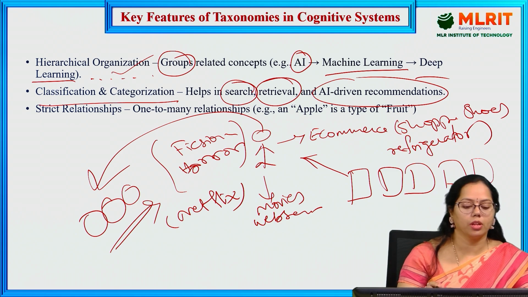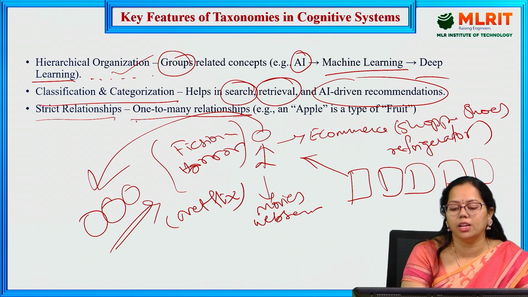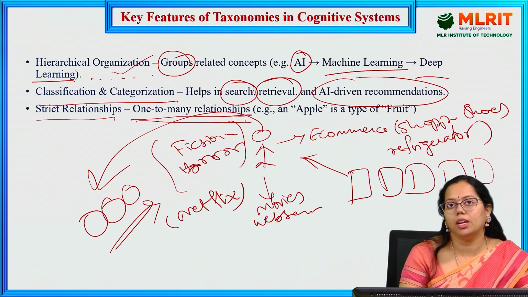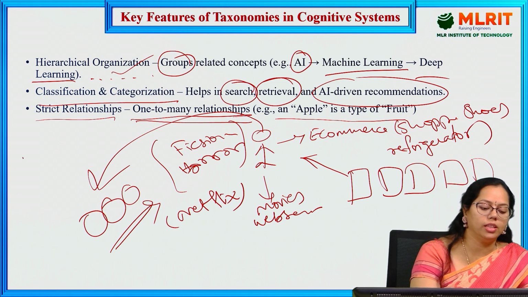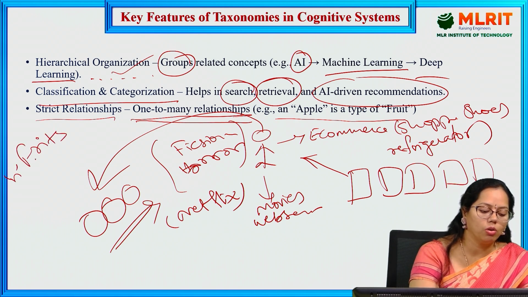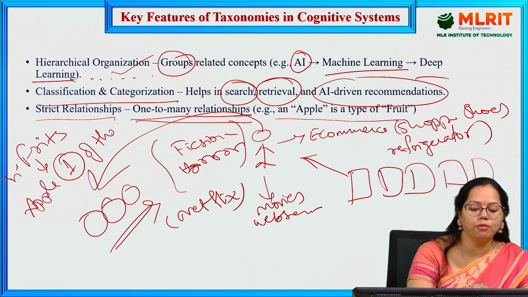Okay. Strict relationships. What are strict relationships? This is one-to-many relationships. For example, an apple is a type of fruit. There are n number of fruits, and apple is one of them.